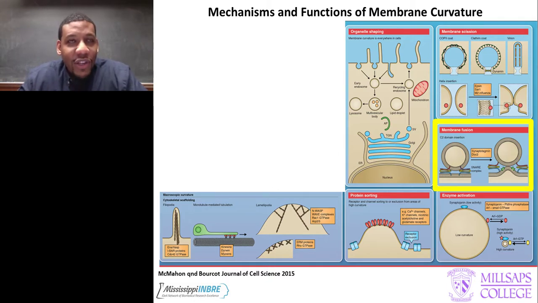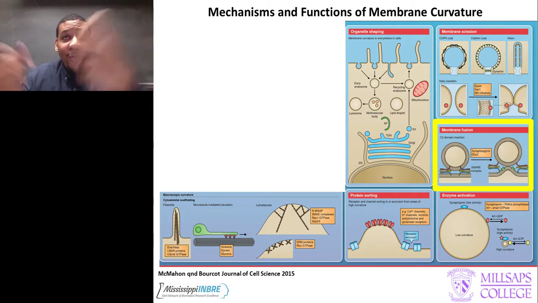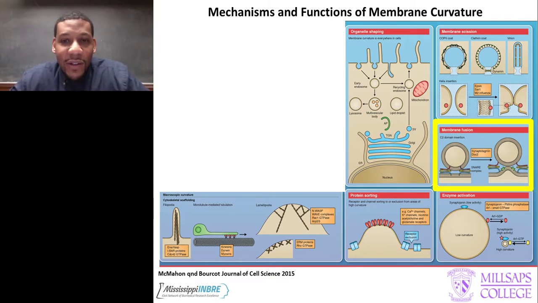We can have changes in membrane shape during the formation of organelles, such as the mitochondria, the endoplasmic reticulum, or the Golgi apparatus. We can also have small changes in membrane shape that regulate the removal of proteins from the membranes of cells in a process called endocytosis.